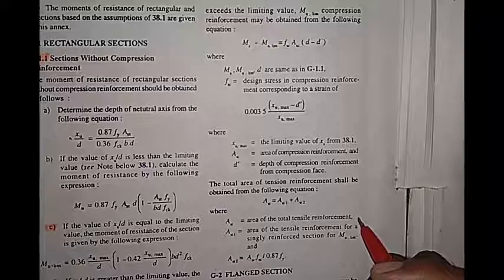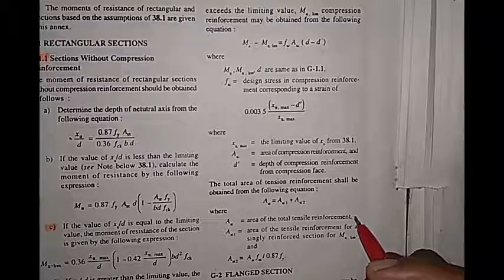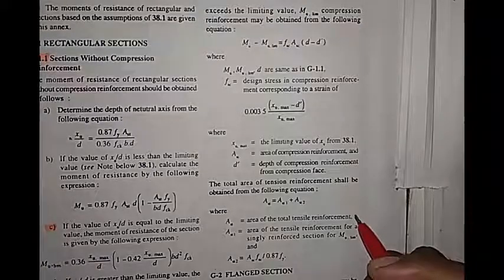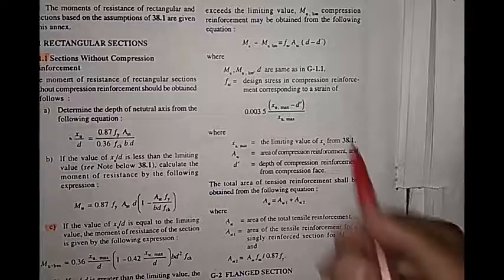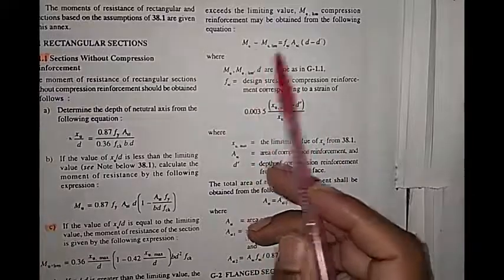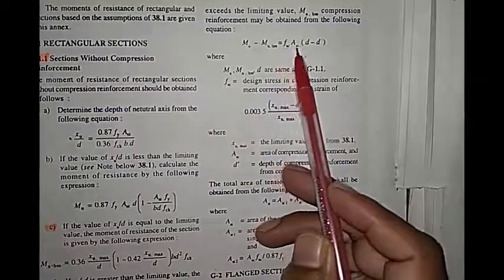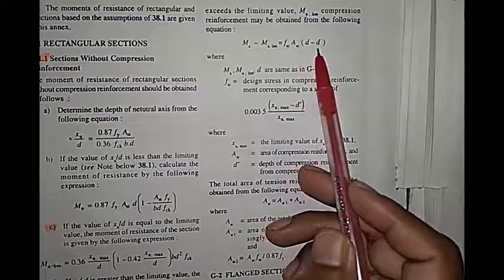We have the formula for calculation of ASC, that is Mu minus Mu limiting, which is equals to FSC into ASC into D minus D dash.